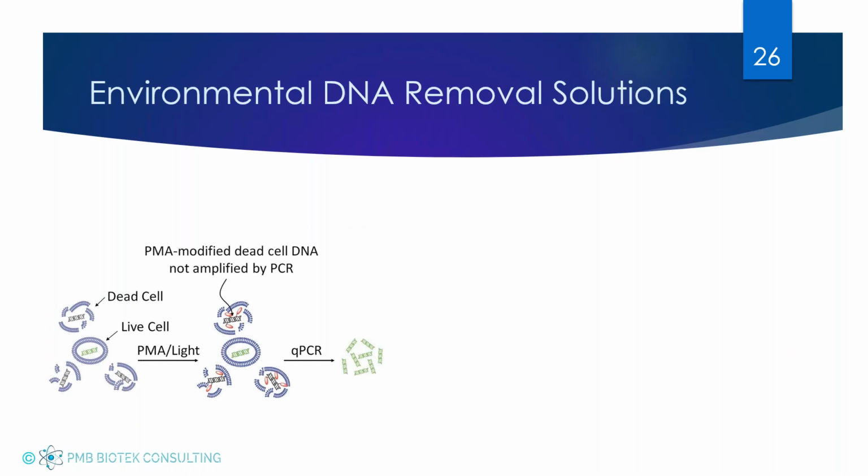This is before you lyse, you're going to degrade any extracellular DNA that's present. So if the organism was there, but it's dead and it's no longer viable, you can reduce it by adding these chemical reagents and then mixing it with this PMA and light process, and it will degrade that. So after you do your lysis, you only have DNA from viable organisms.